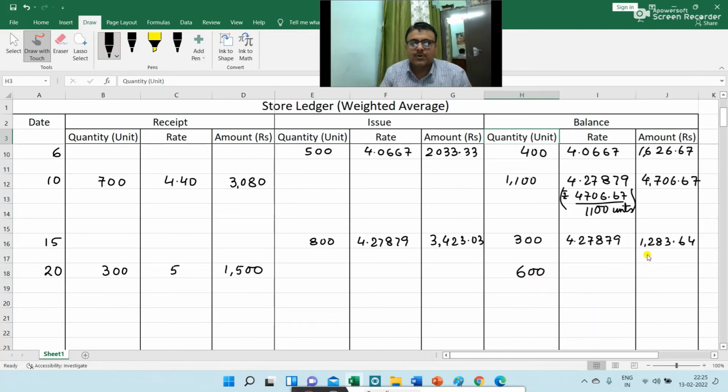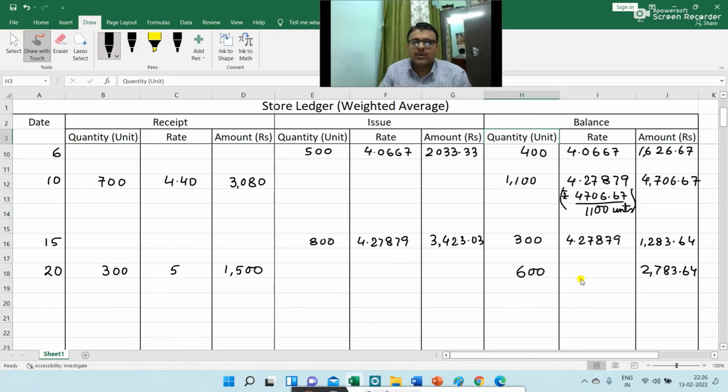And the value of closing stock of January 15 was 1,283.64 and the purchase value of January 20 is 1,500. So if you add up these two figures, 1,283.64 plus 1,500, you will get 2,783.64.